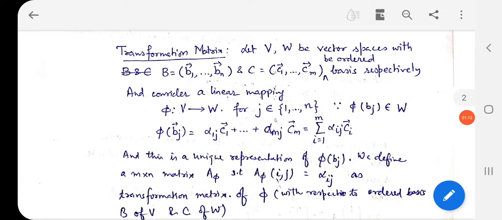The definition of the coordinates says that it is the ordered list of the scalar multipliers which, when multiplied by the corresponding basis vectors, will generate the vector again. So that is the basic understanding of the coordinate system.